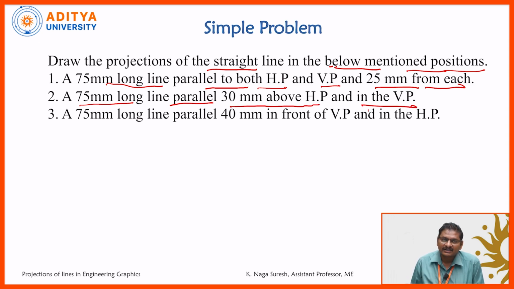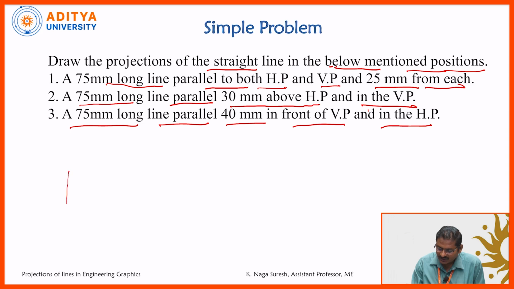The third condition is a 75 mm long line parallel to VP, 40 mm in front of VP and in the HP. All the conditions belong to the first quadrant only. Let us assume all these positions are indicated in the first quadrant.